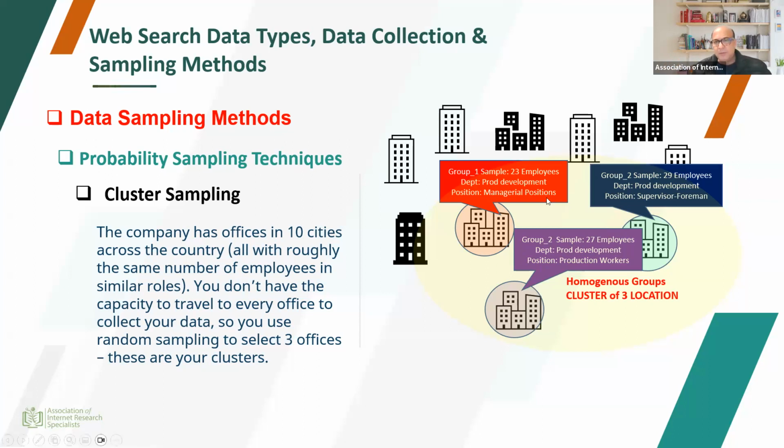You would look at 3 different locations and a cluster, which is this yellow thing behind, the yellow shade. And in this cluster, you selected a production development, 23 employees in this circle with managerial position.